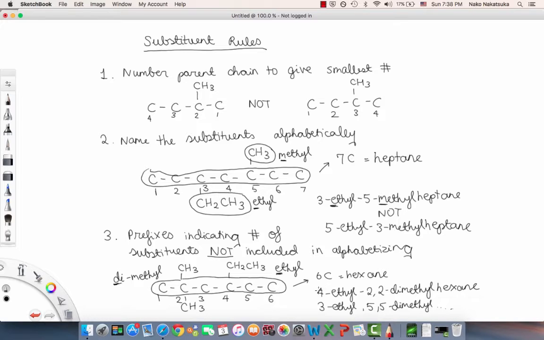In this case, we have 4 plus 2 plus 2 is 8. But in this case, we have 3 plus 5 plus 5, which gives us 13. Since we want the lowest possible number, this is the correct way of numbering the parent chain. But the ethyl still comes before the dimethyl because this prefix is not included in the alphabetizing.